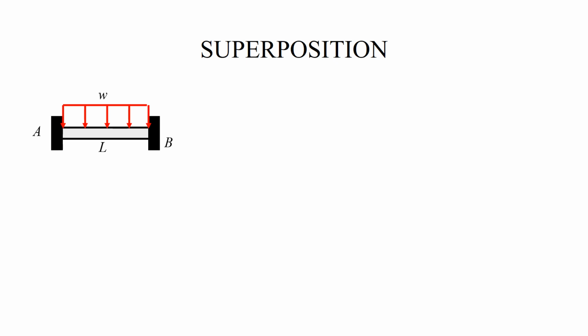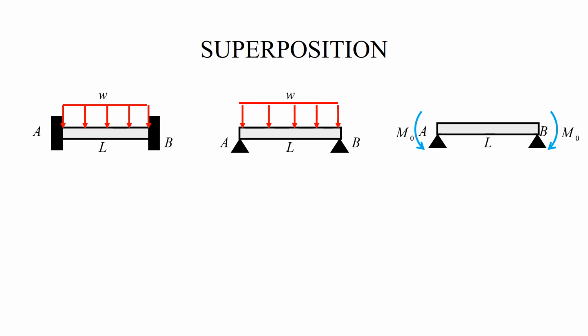So this beam is statically indeterminate, right? And there are multiple ways of making it statically determinate. And here is one way. So I remove both angular constraints, both at A and B, and I exploit the fact that the beam is symmetric, so that the reaction moments m0 at both ends are the same.